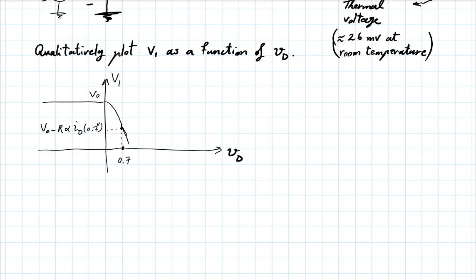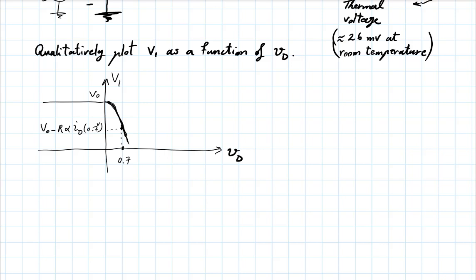Now, ID at around 0.7 would be a reasonably large value. That's a diode that's on. So I'm talking about R times alpha being a reasonably large value also. And so then I have a pretty nice drop like this. Okay?